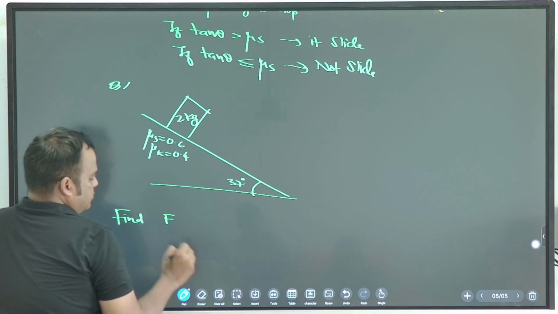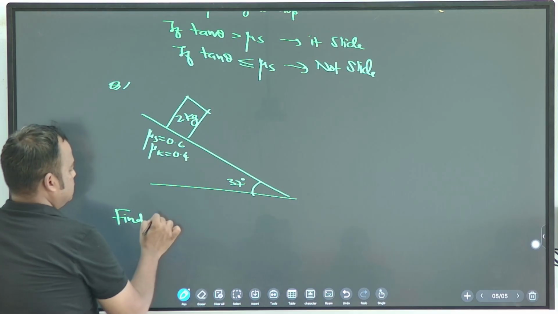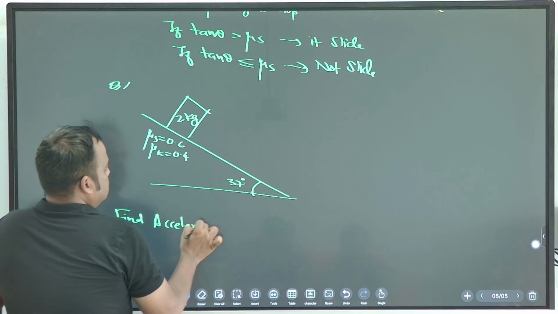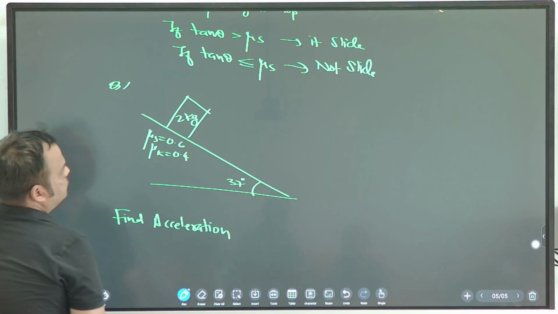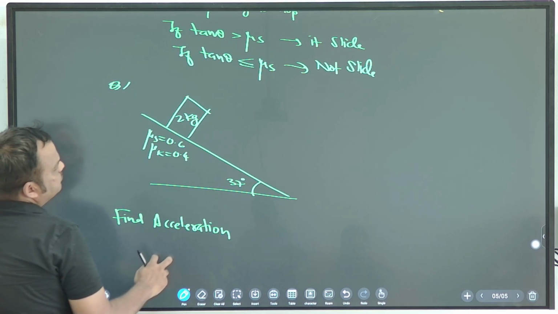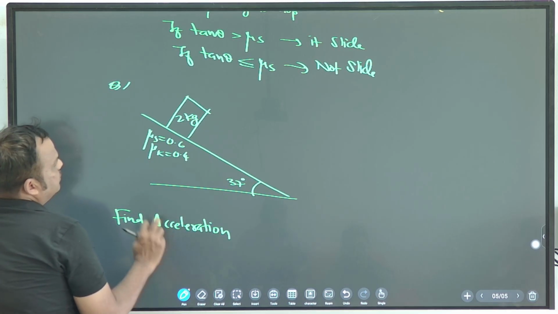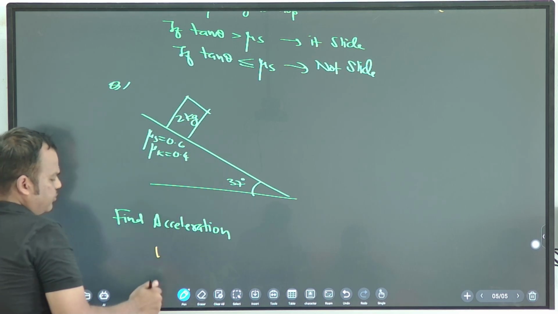Find the acceleration. So first you check whether it is sliding or not sliding. Okay, so a 2 kg block is there. Mu s is 0.6, mu k is 0.4.